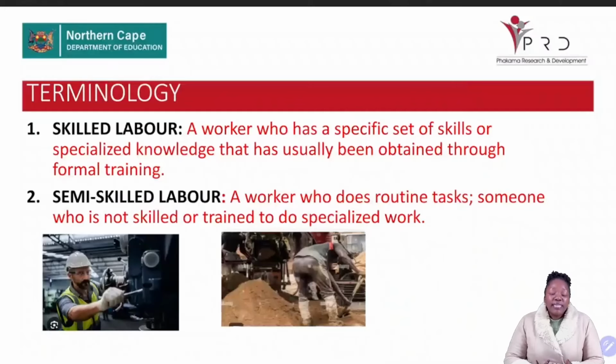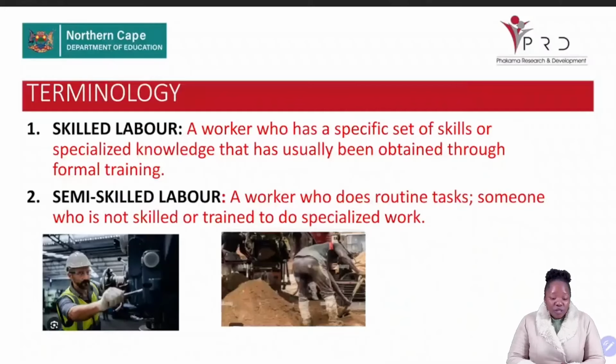So when we are saying skilled labor, we're talking about a worker who has a specific set of skills or specialized knowledge that is usually obtained through formal training. Which means you need to be trained further in order for you to be called skilled. And after training, you must be awarded with a certificate so that you can be called a skilled labor.